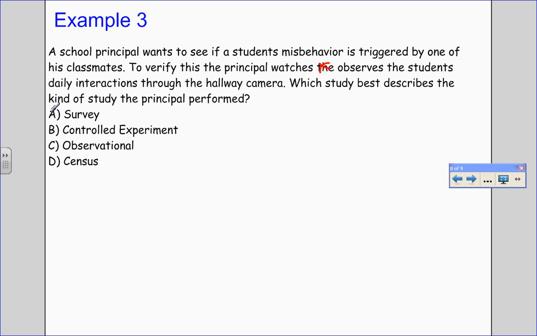So it's not a survey because there were no questions being asked. And it's not a controlled experiment because the principal did not manipulate the population. She just observed. So the answer is it's an observational study. And it's not a census because a census is a type of survey.